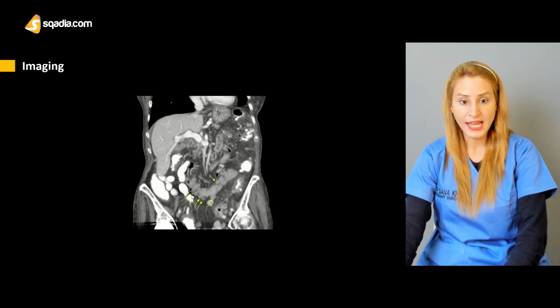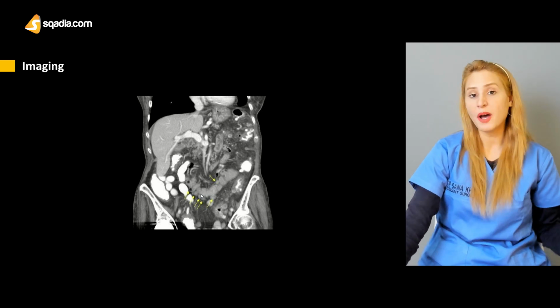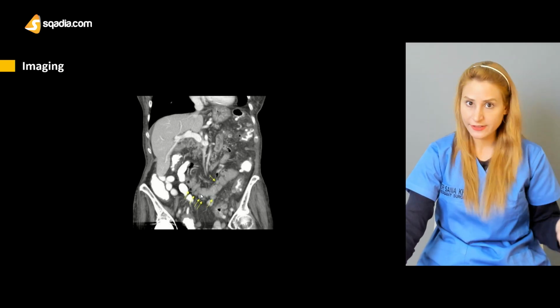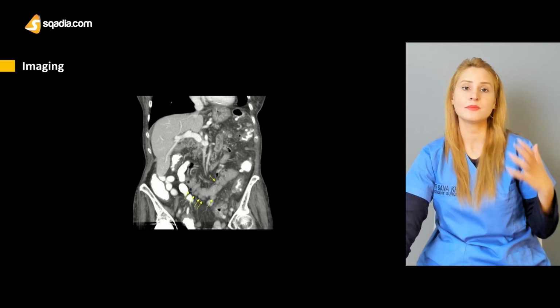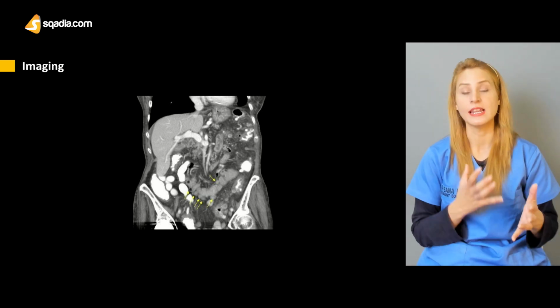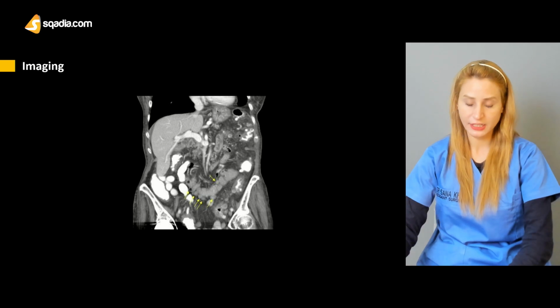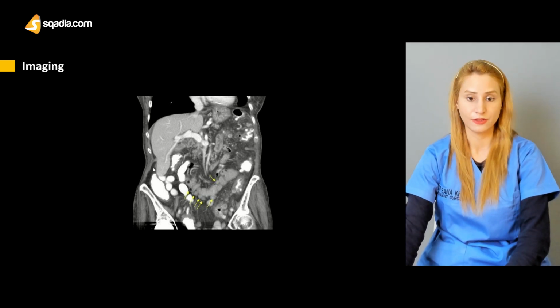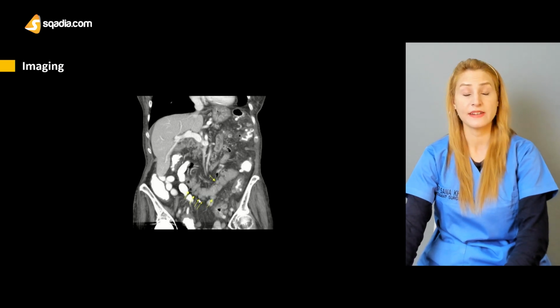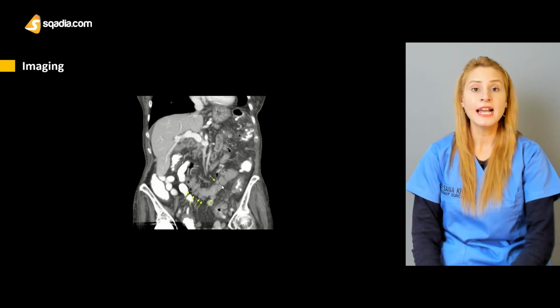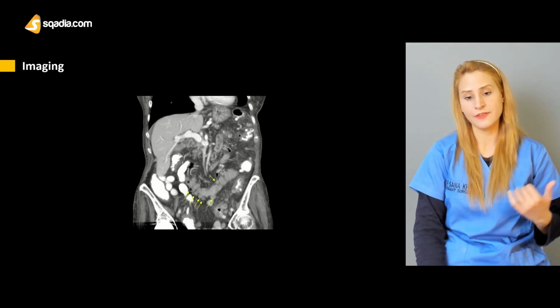Okay, this is another imaging, an axial scan, and you can see the jejunal loop which is present, and you can see multiple diverticula. There are multiple arrows showing the diverticulosis. It may be possible that there is one diverticulum present, or that there are multiple diverticula present. The presence of multiple diverticula is a condition called diverticulosis.